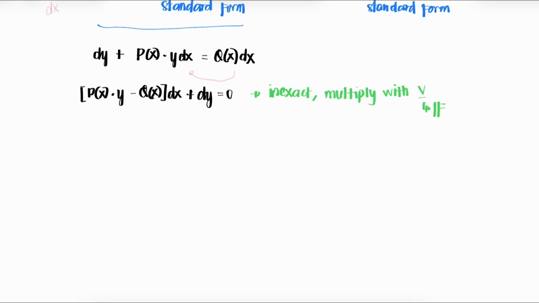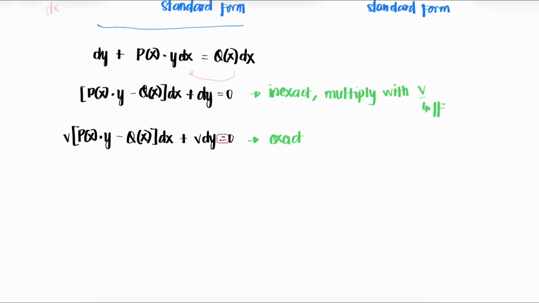So upon multiplying with the integrating factor v, that's v times p of x times y minus q of x, dx plus v dy equals 0. After doing that, this is considered to be already exact.